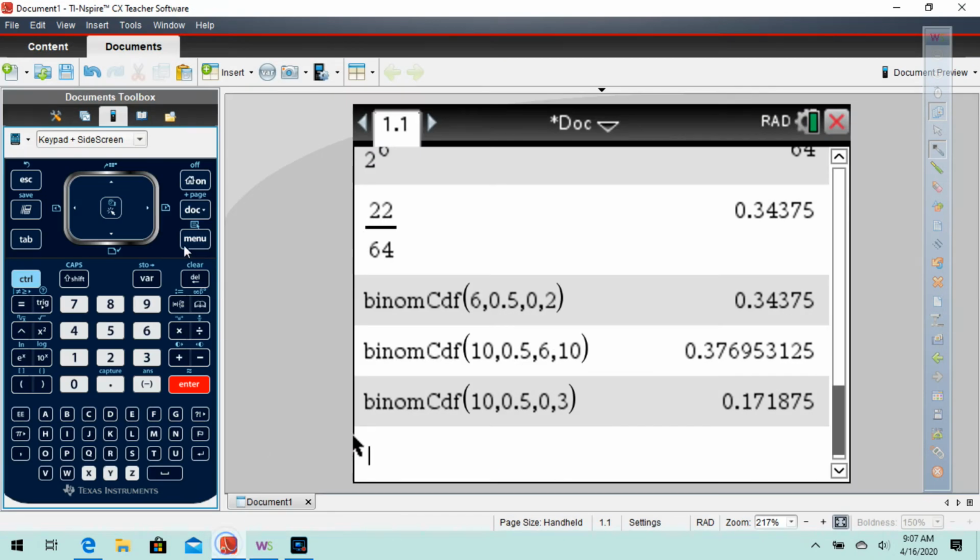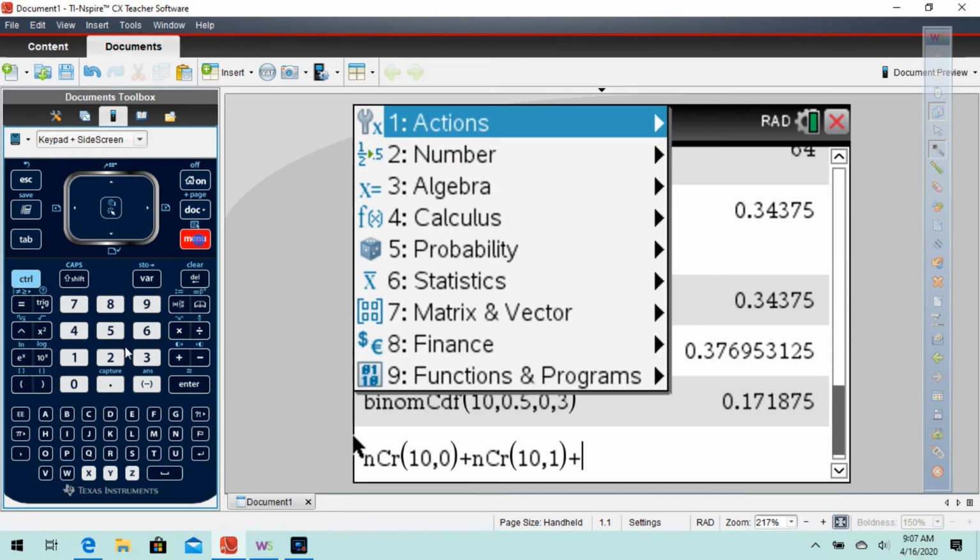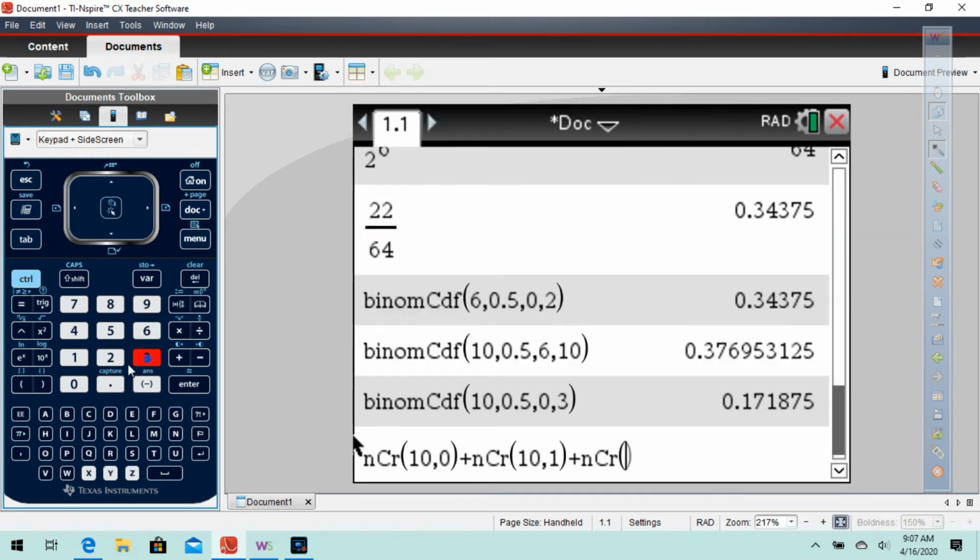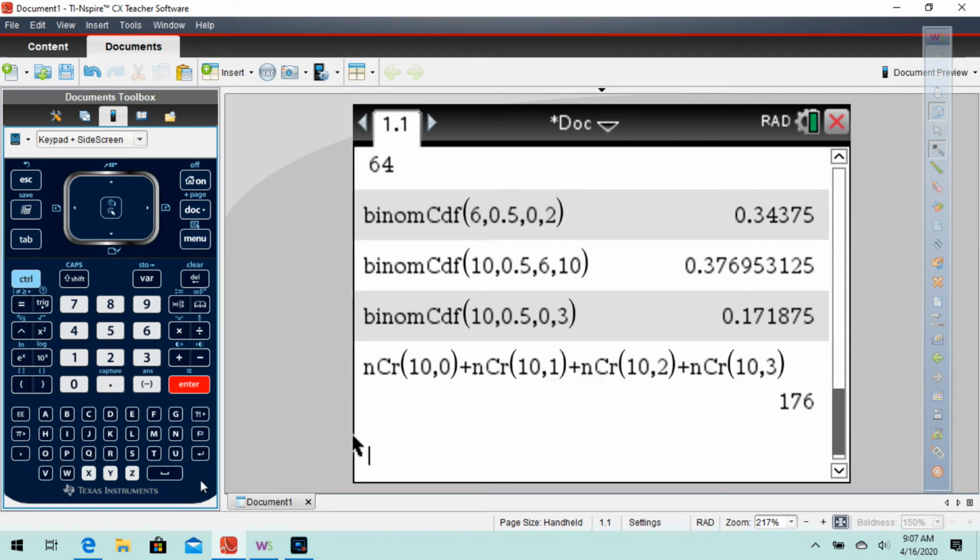So let's go to Inspire. Menu 5.3, 10, 0 plus menu 5.3, 10, 1 plus menu 5.3, 10, 2 plus menu 5.3, 10, 3. I got 176.